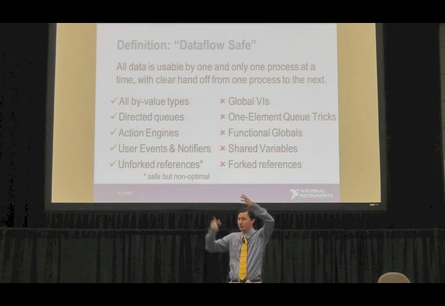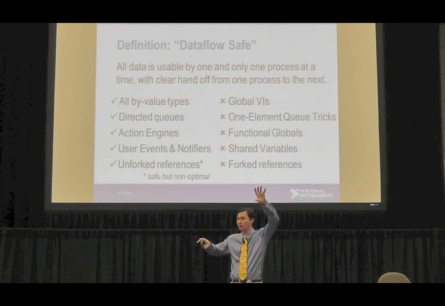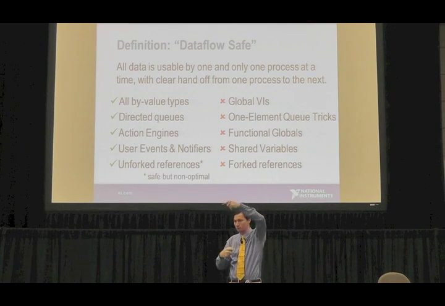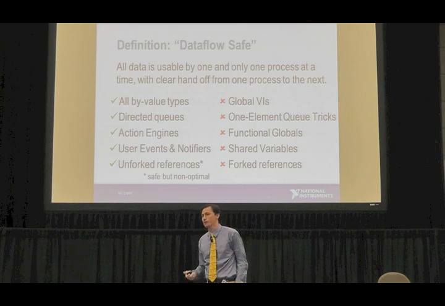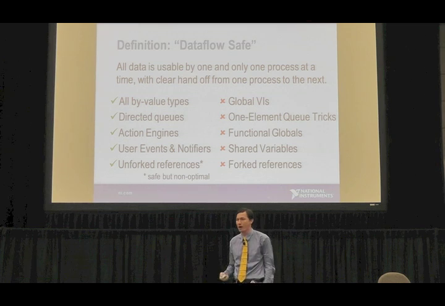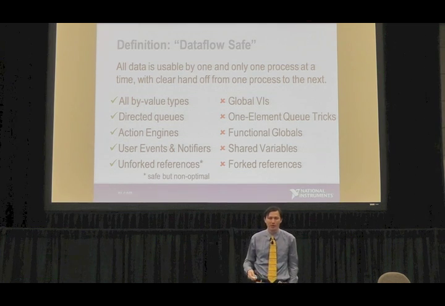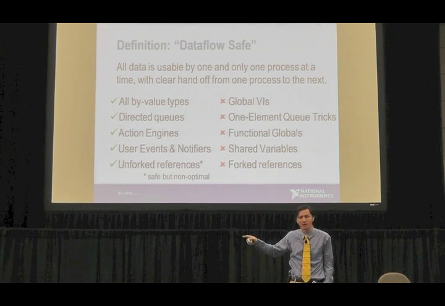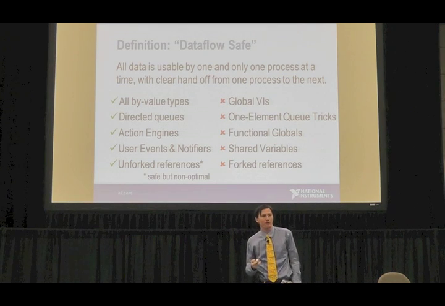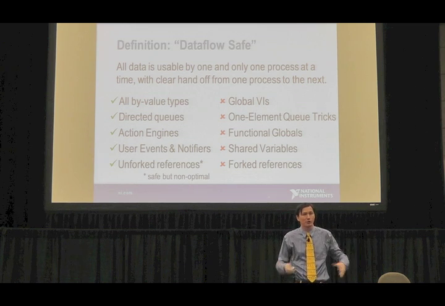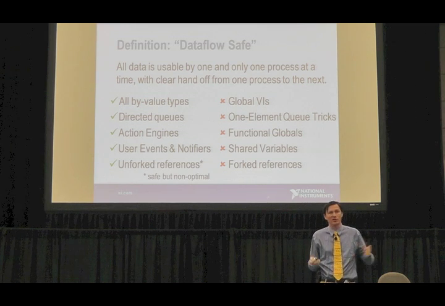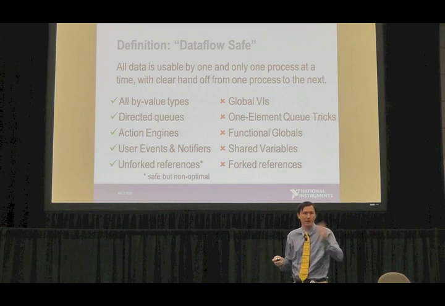So again, you're back to either things are being forced to be serial, or you're making a copy out of the DVR. You don't get the advantage of two things at the same time without the copy. When I say safe but non-optimal, that just means you've got overhead because LabVIEW is checking to see is there another process in parallel. So even though it doesn't have to do anything, it still has to look up and go, is there? No, okay.